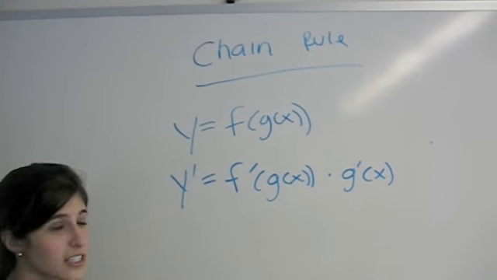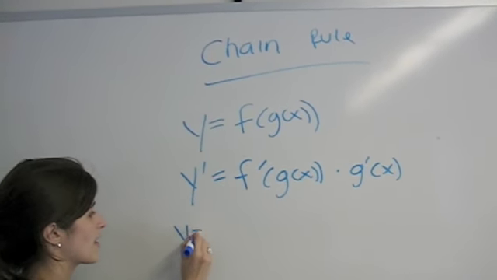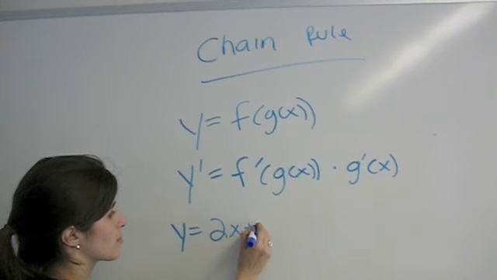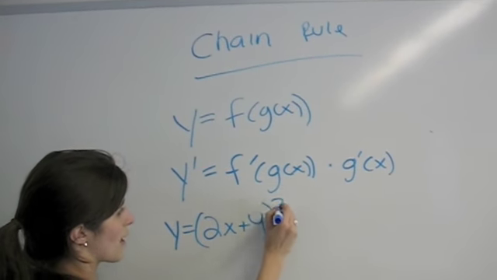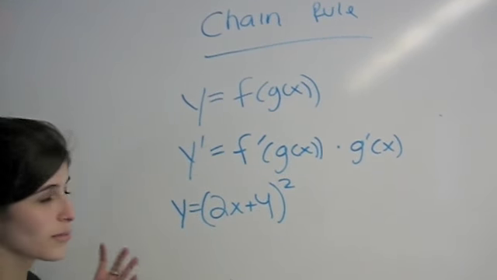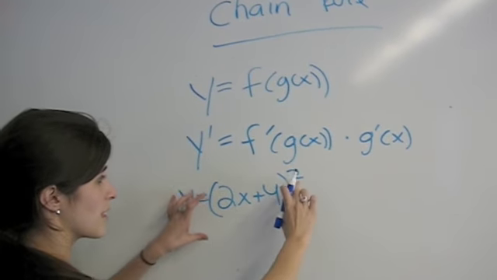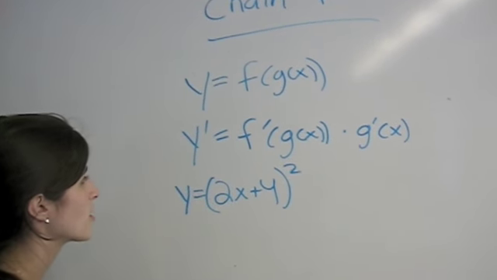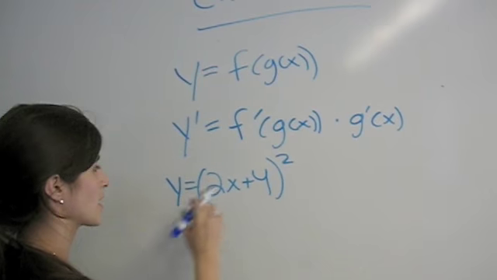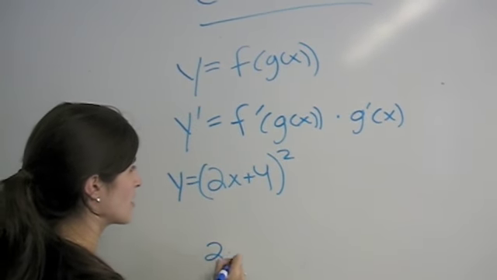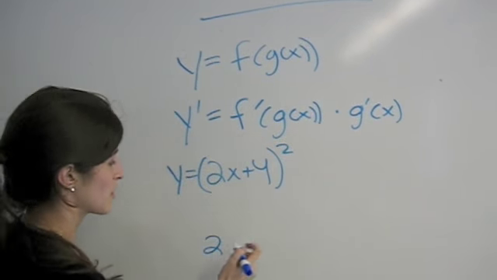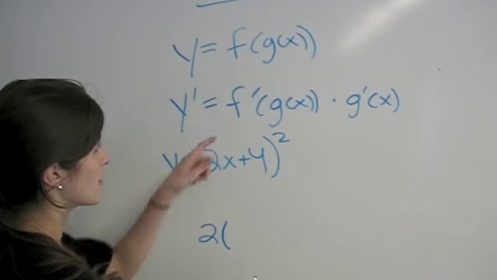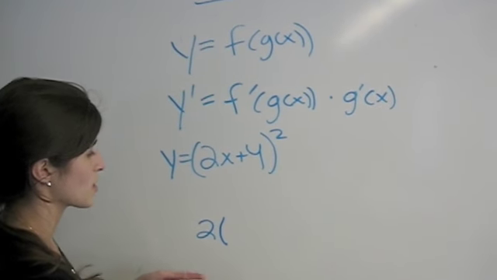So when you have an equation like we were using before, where y is equal to 2x plus 4 squared, you want to find the outermost part of the equation, which would be the square. Normally when you have a square, you bring down the 2 to the front and you subtract 1 from the top. So that would be f prime, putting the 2 in front.